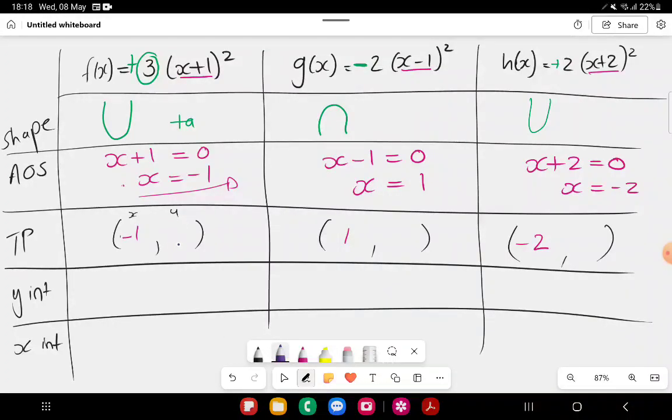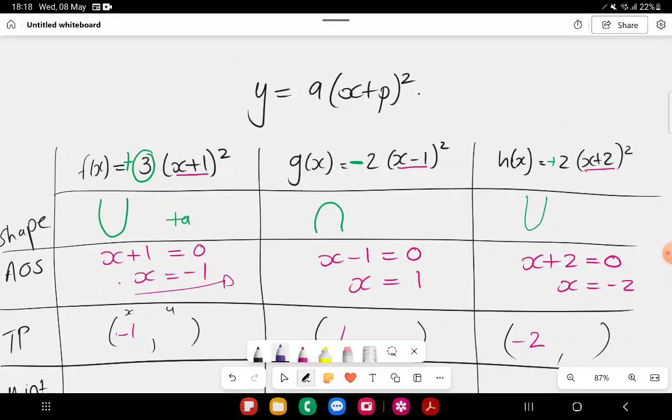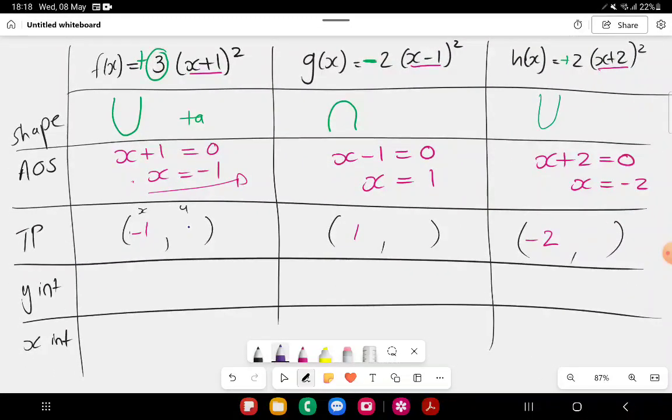But if we look at this equation, there's no q here. Normally, there would be something on the outside. So in all technicality, q is 0. So the turning point for all of them, the y values are going to be 0. This means that these graphs are turning on the x-axis, which, as you saw in class, means it only has one x-intercept.